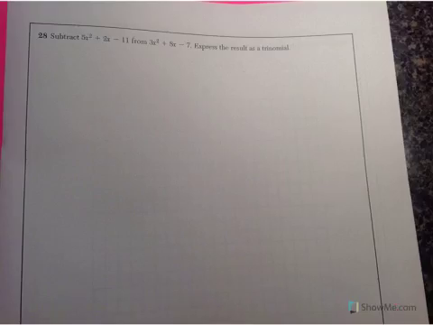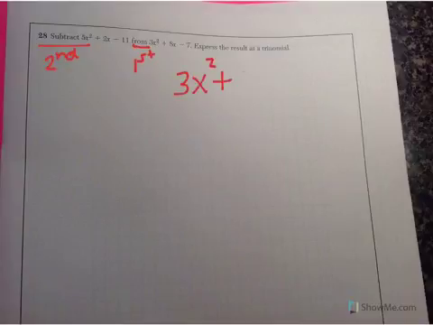Okay, the last one, number 28, subtract 5x squared plus 2x minus 11 from 3x squared plus 8x minus 7. What you need to know here is that subtract would be second, that's the term that's second, and from will be first. So think f and from, f and first, subtract s, second s. So what you're going to start with is the first, and that's going to be the 3x squared plus 8x minus 7.